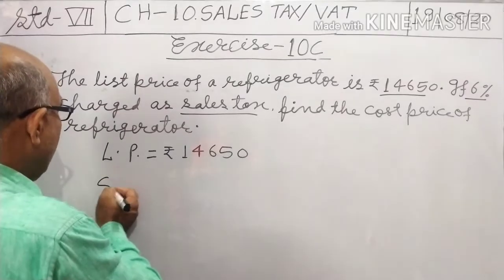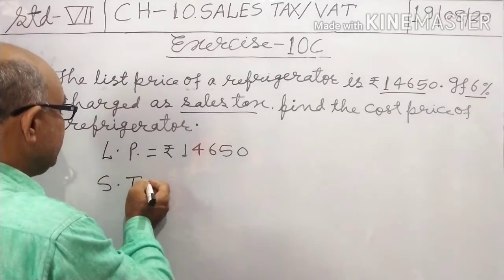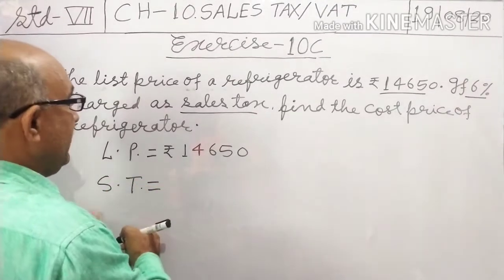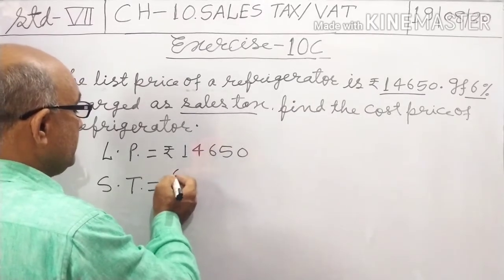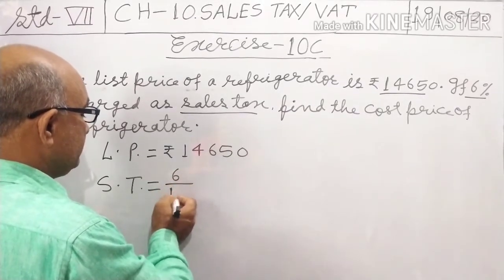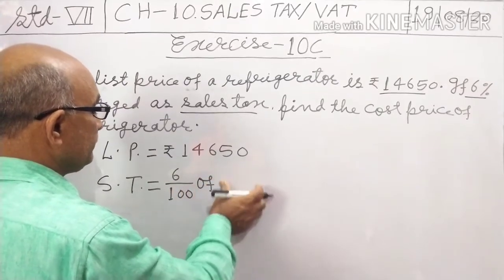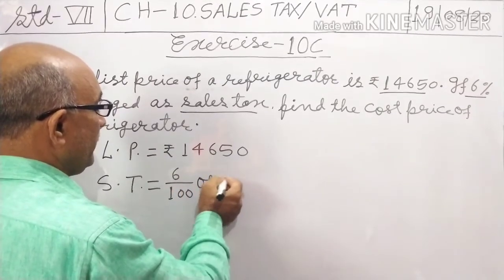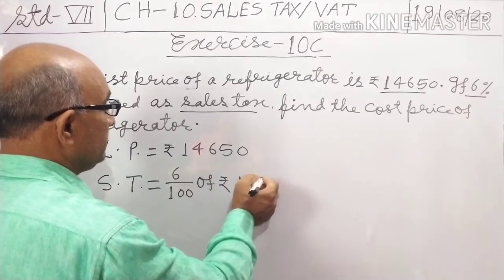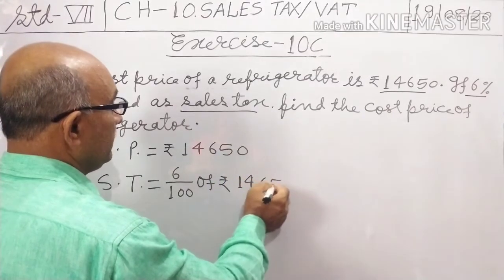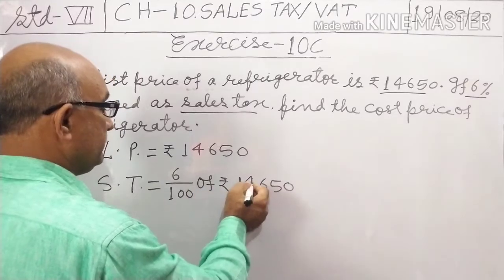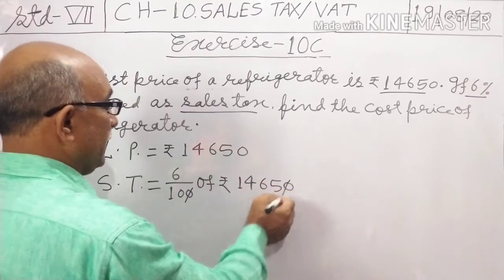Now find sales tax, ST. Sales tax is 6%. So 6 by 100 of rupees 14,650. 0 to 0 cancel.